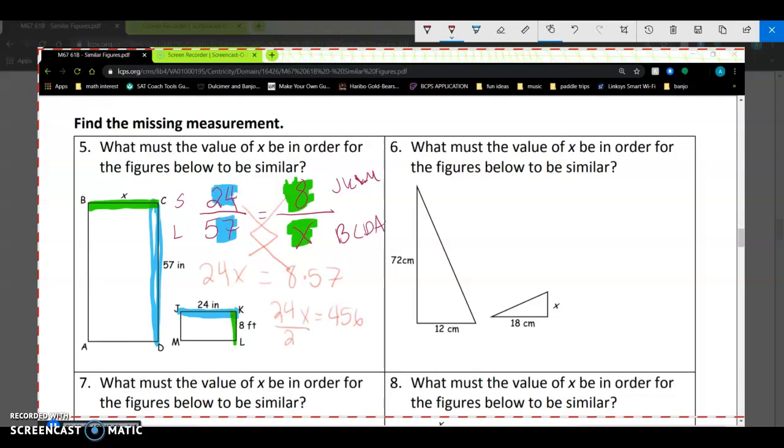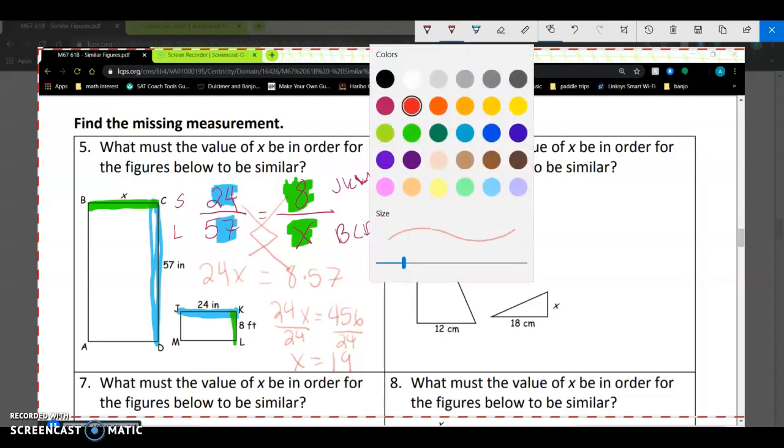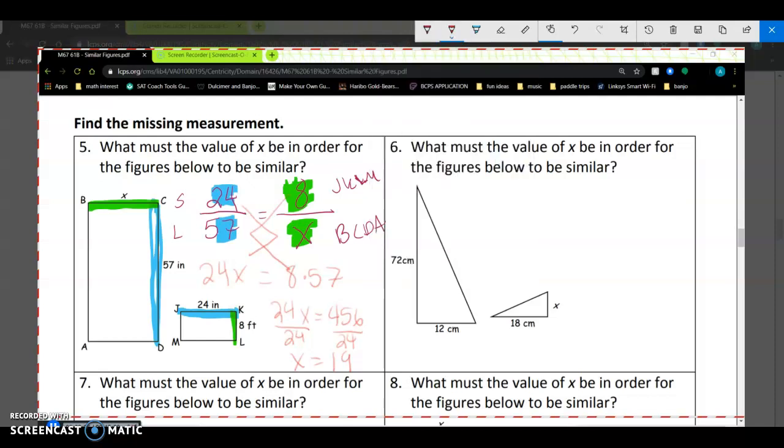We divide both sides by 24, and we get x equals 19. So I'm going to mark that right up here. 19. So that's how we use a proportion to set up our missing sides.